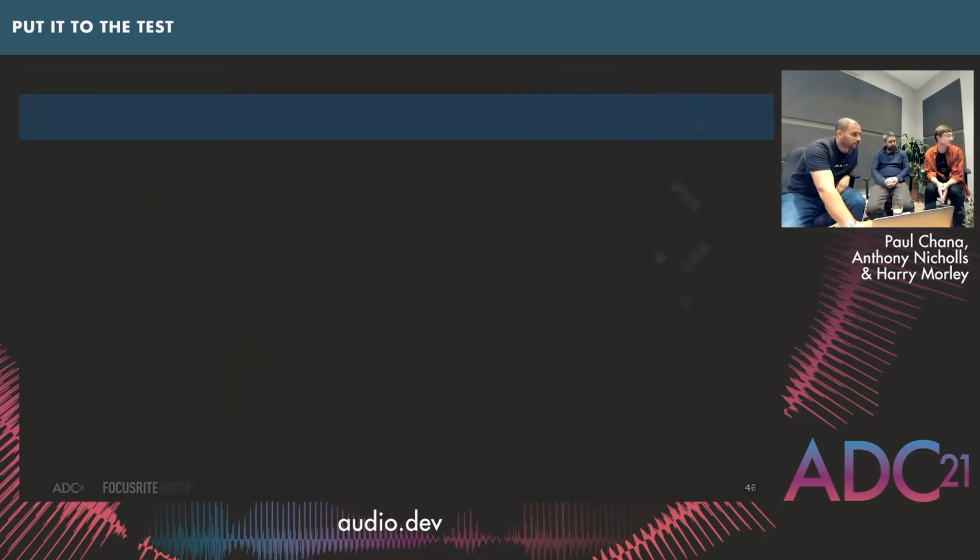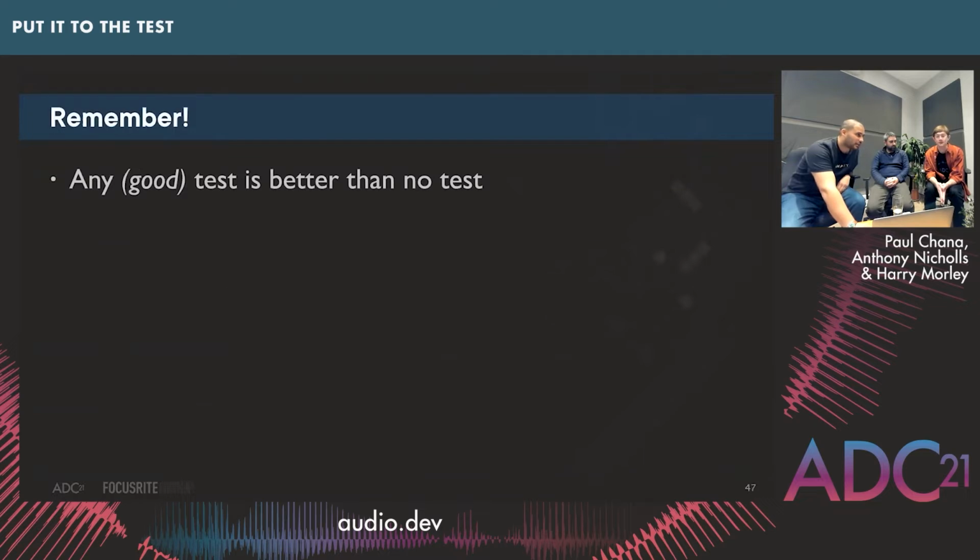So if we take those 7 as a good starting point, if you cover those 7, you're likely to have a good test. But one of the things that is definitely worth remembering is that any test that's good is better than not having any tests.